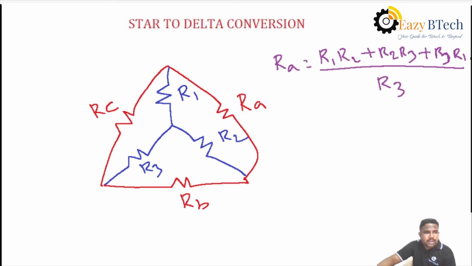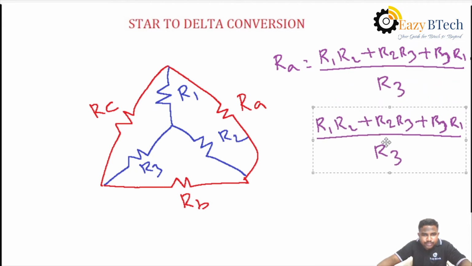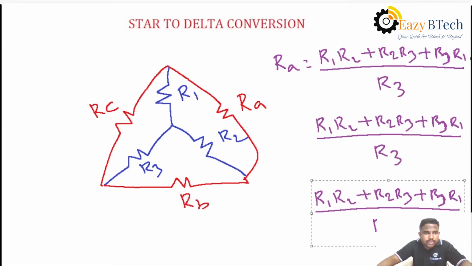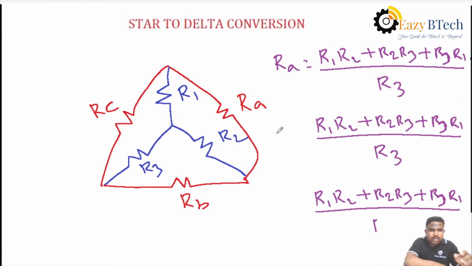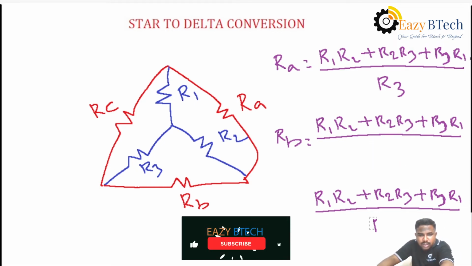In a similar manner, you can find out the formula for RB and RC also. That is for RB. What is the opposite element for RB? The opposite known resistance value is R1.